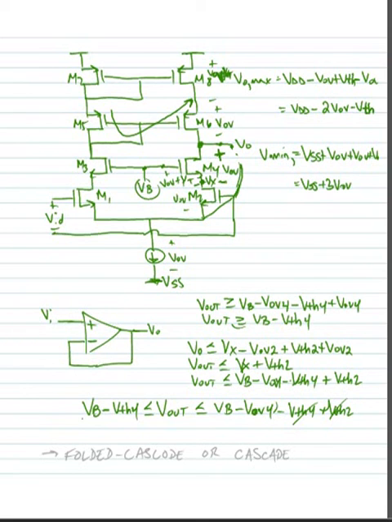But when we got the high gain, we also gave up bandwidth. We have a narrower bandwidth. So in the next class, we'll start looking at what happens if we do things like a folded cascode, or we will start to try and cascade multiple stages. And we will do that next Monday.